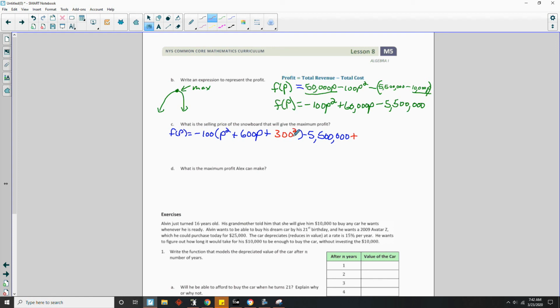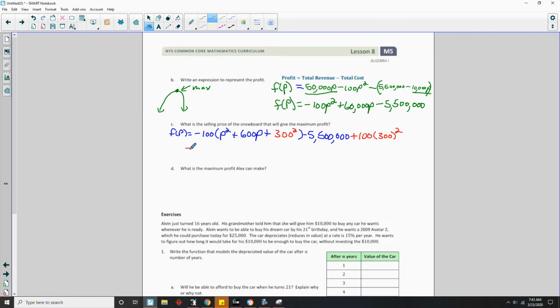So if I'm adding 300 squared, but it's a negative 300 squared, I need to take away that 300 squared as well. So it's going to be a positive 100 times 300 squared. Okay, negative 100 times 300 squared, positive 100 times 300 squared would cancel each other out. So it's just like adding nothing.